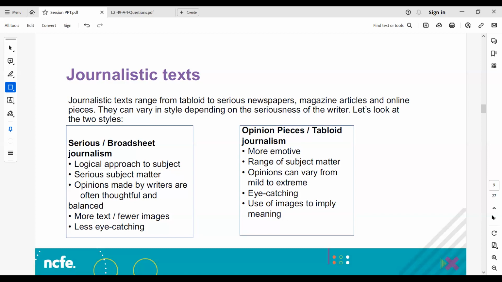So it's more emotive. There's a range of subject matter, serious to the bizarre and outlandish, all sorts of news matter reported. And opinions can be mild, simple reporting of an event, to extreme.